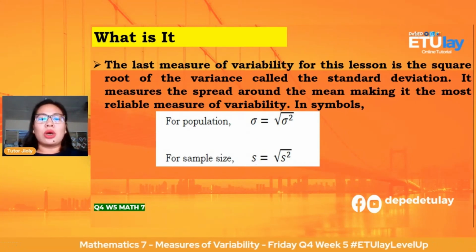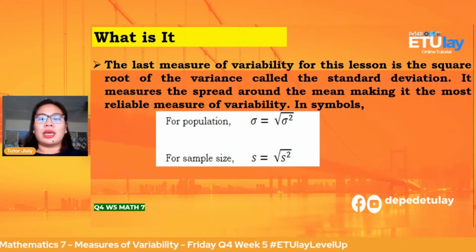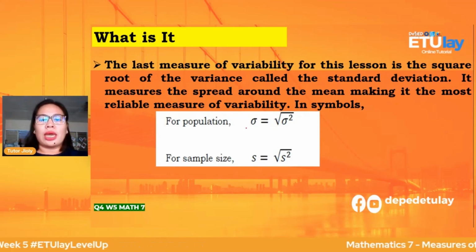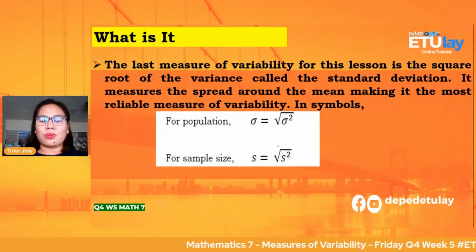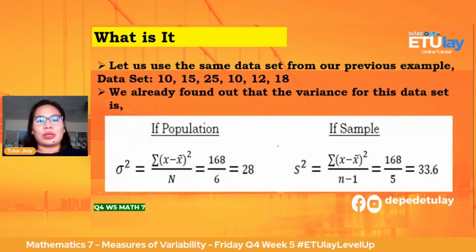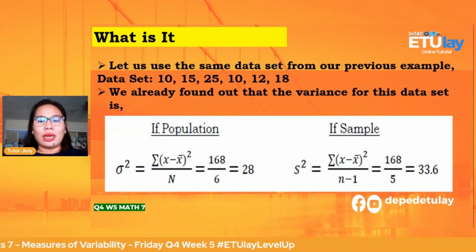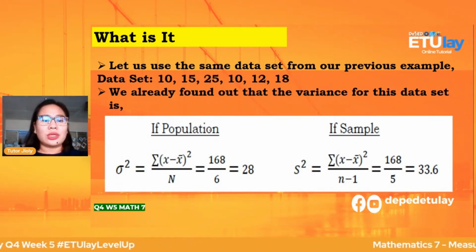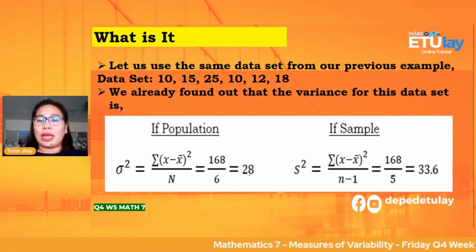It shows how spread out the data is, making it the most reliable measure of variability. Here is the formula. We just apply substitution again. So, we have 168 all over 6, that is 28.